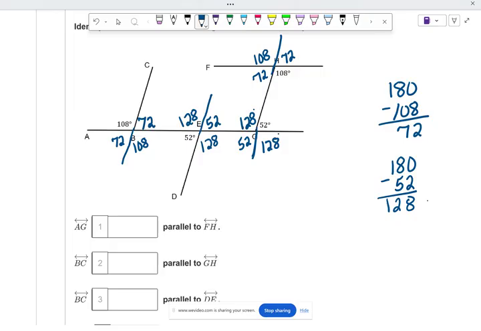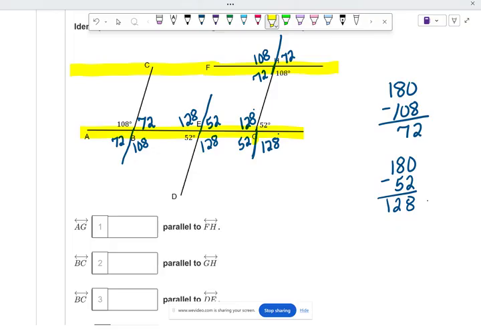All right, now let's look to see. Is line AG, where's that? Right here, here's the G. Is line AG parallel to line FH? If I extend line FH, it will eventually meet with transversal CB.